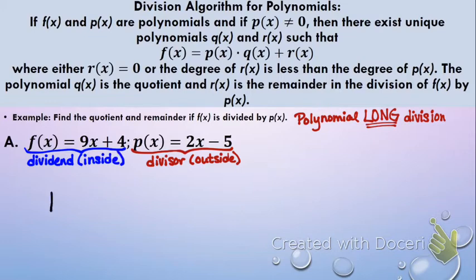So when I set up my division, I'm going to put 9x plus 4 inside like this, and 2x minus 5 outside like this.